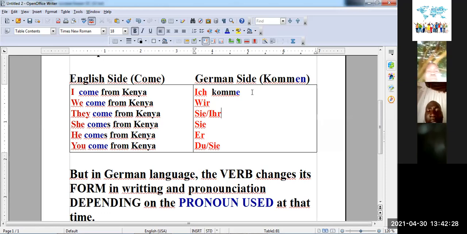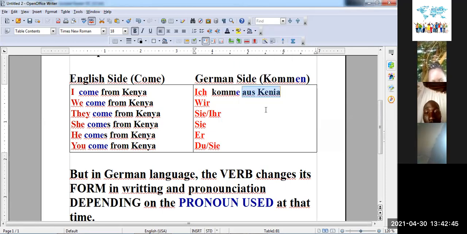So if you're interested in the sentence, I'm going to continue. Ich komme aus. Aus means from. Ich komme aus Kenya. That's how we write Kenya in German language.